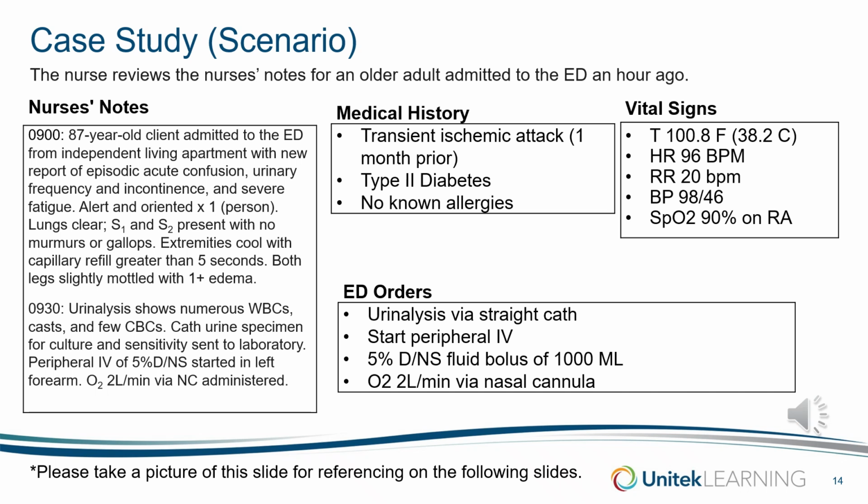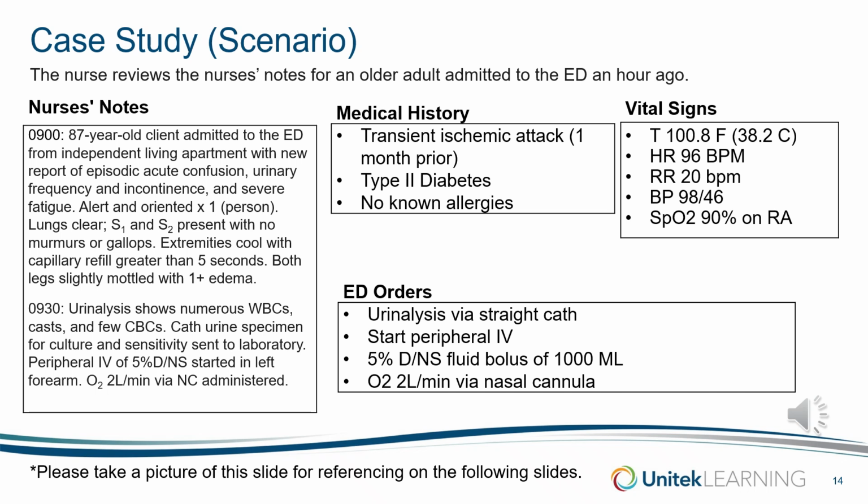Your emergency room orders come in, and you have been asked to perform a urinalysis via straight cath, start a peripheral IV, hang IV fluids, and place the client on oxygen via nasal cannula at 2 liters per minute.